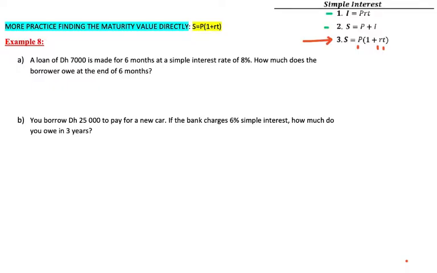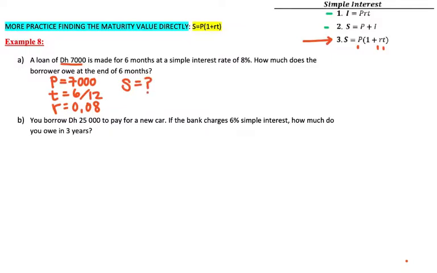Here's the example. The loan is 7,000, so that would be the starting amount that we borrowed for 6 months. That's time equals 6/12, and the rate is 8%. It says how much do they owe at the end. So they're asking directly for the future value.